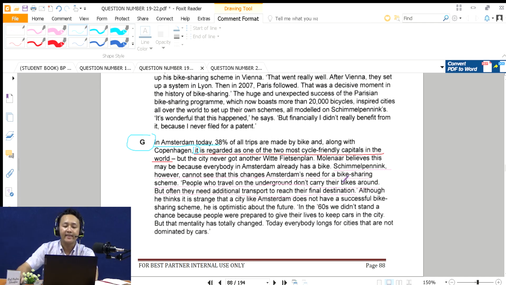And when they use public transport, they have to leave their bike in a place, let's say a safe place, so they don't have to carry the bike inside the public transport.